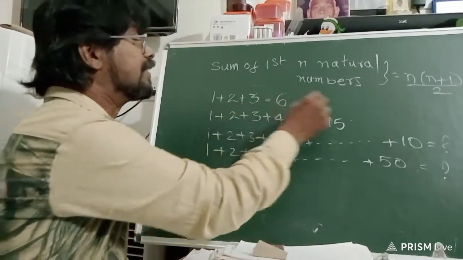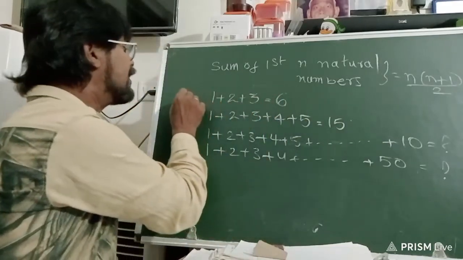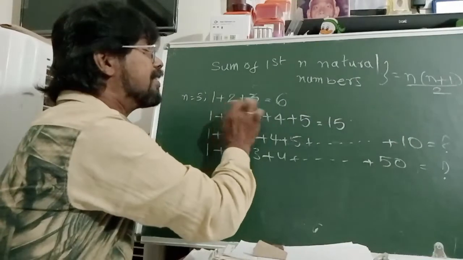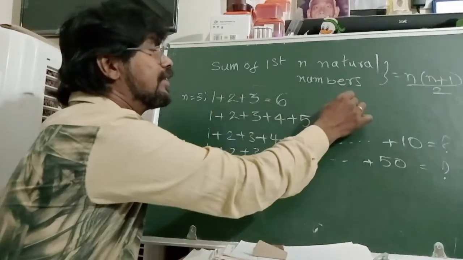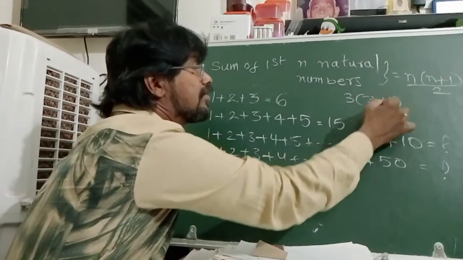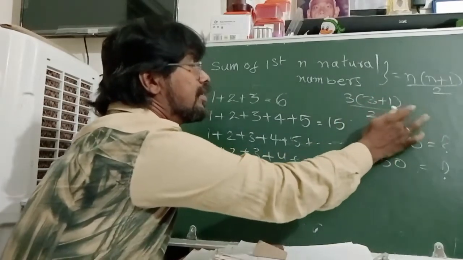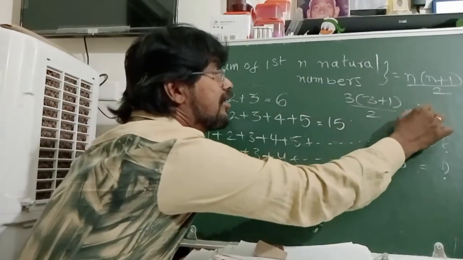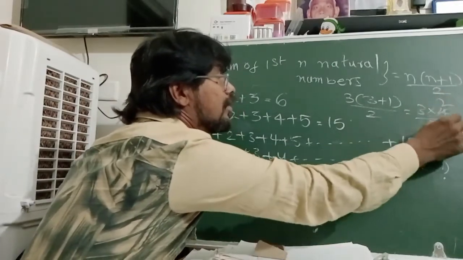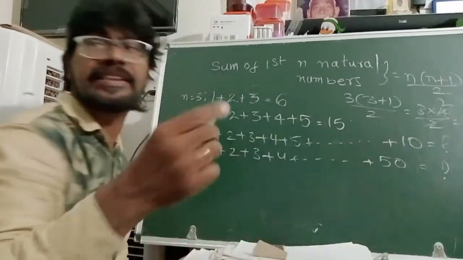Suppose 1 plus 2 plus 3. Here n is equal to 3, only 3 numbers are there up to 3. So 3 into 3 plus 1 by 2 is equal to 3 into 4 by 2, which is 6.